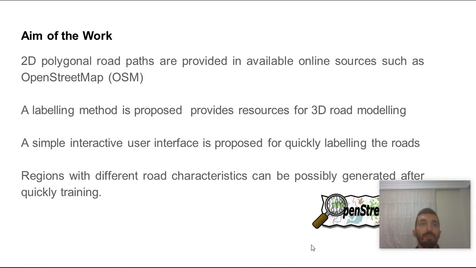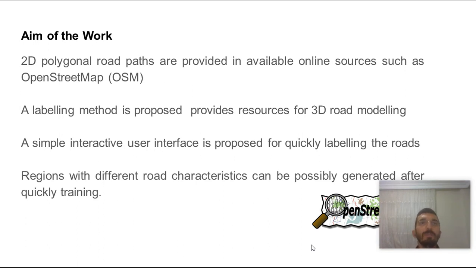Aim of the work. This work presents a labeling method that provides a resource for machine learning studies for 3D road modeling from satellite images. 3D polygonal road paths are provided in available online sources such as OpenStreetMap, short name OSM.